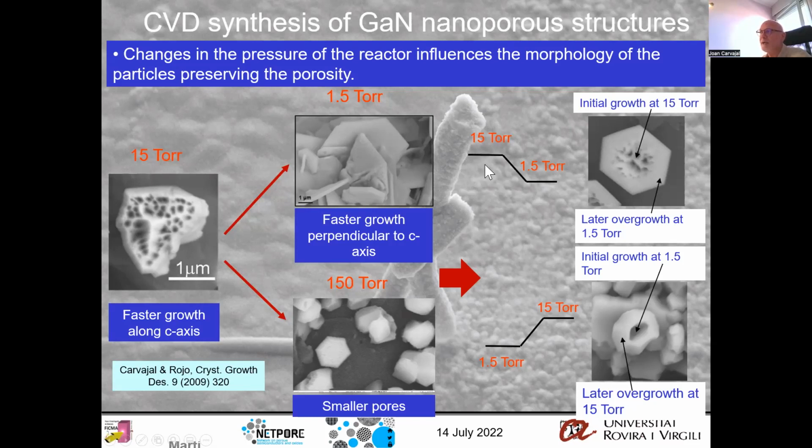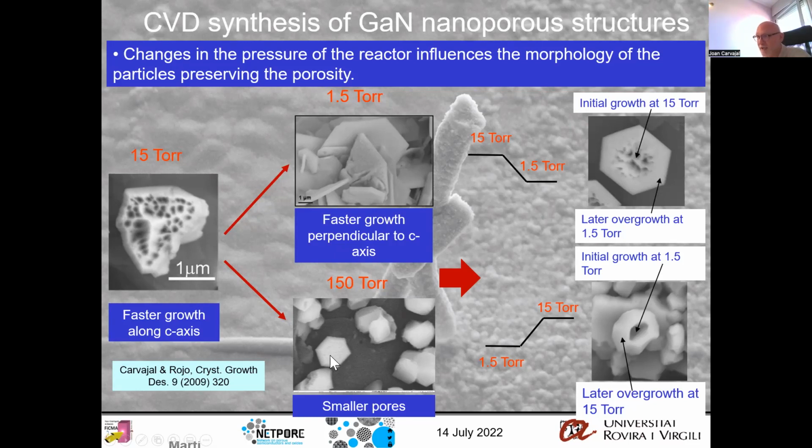But if we combine processes in which we change the pressure during the synthesis, we can have a core with those porous particles, but then a smooth lateral part of the particles, which might be interesting, for instance, to establish the electrical contacts. If we do the opposite, starting with 15 torr and increasing it to 150 torr, we can see that the morphology of the particles is again different.